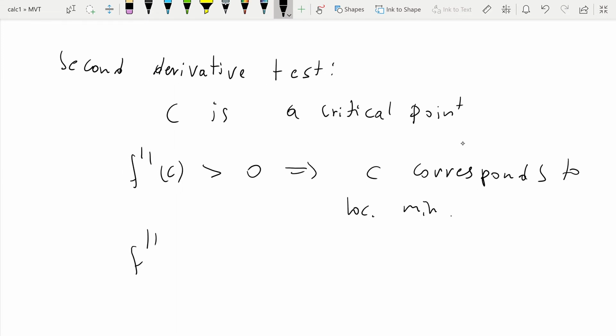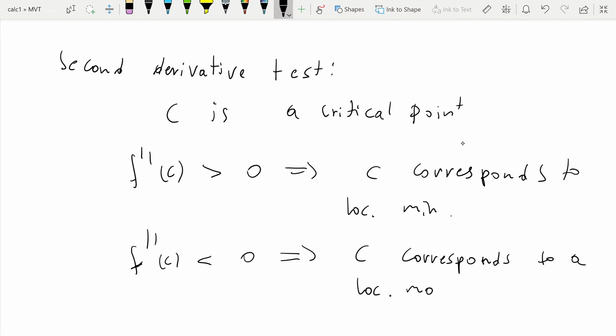If f double prime at c is negative instead, then c corresponds to a local max.